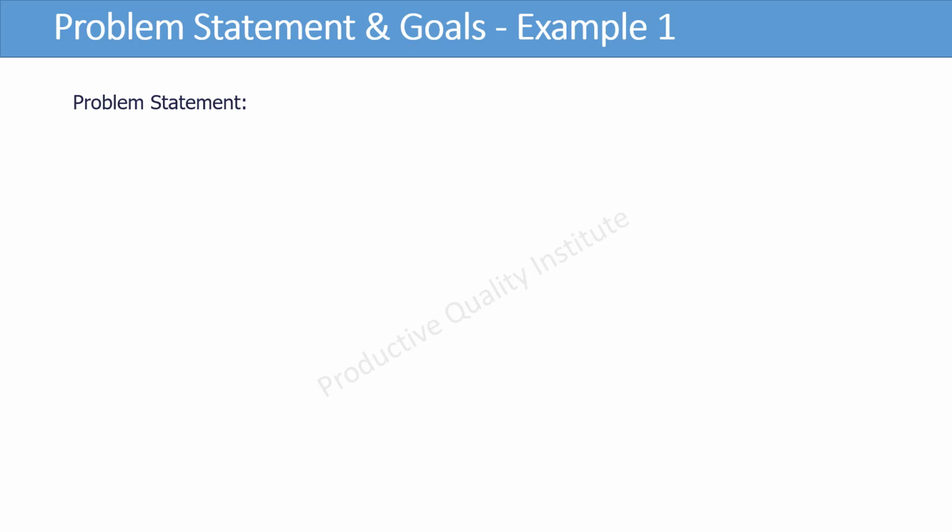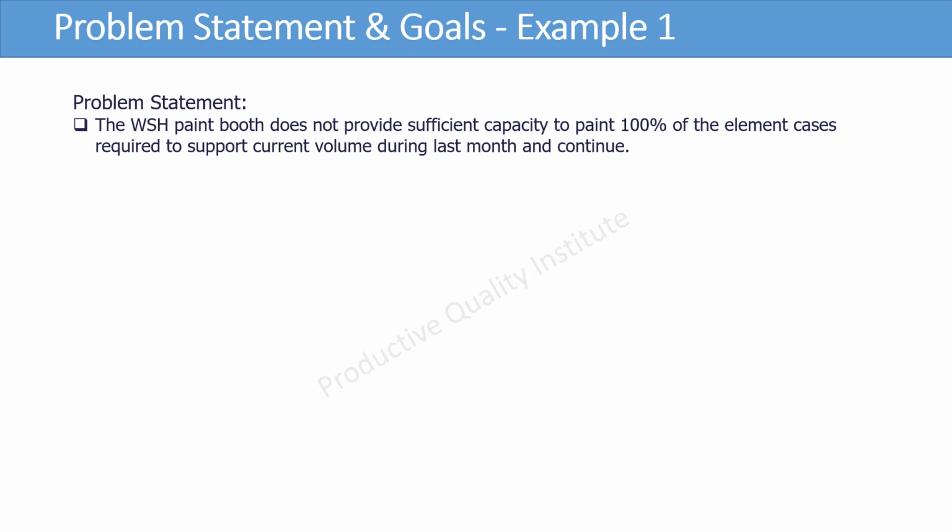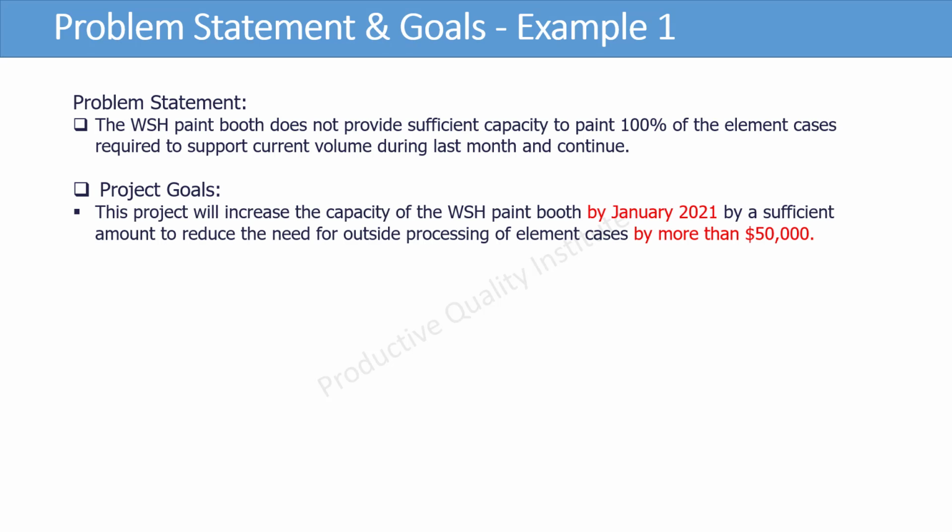Problem statement example: the WSH paint booth does not provide sufficient capacity to paint 100% of the element cases required to support current volume during last month and continue. Project goals example: this project will increase the capacity of the WSH paint booth by January 2021 by a sufficient amount to reduce the need for outside processing of element cases by more than $50,000.